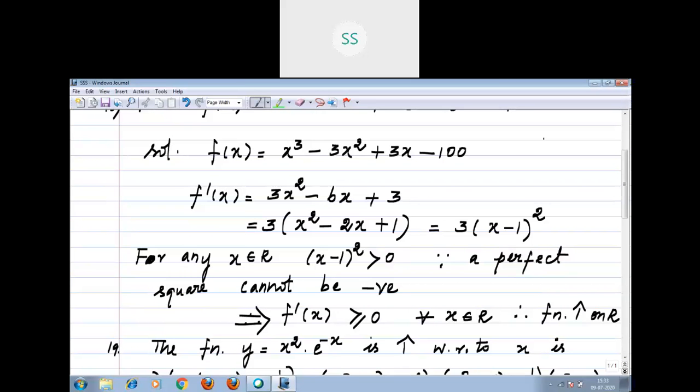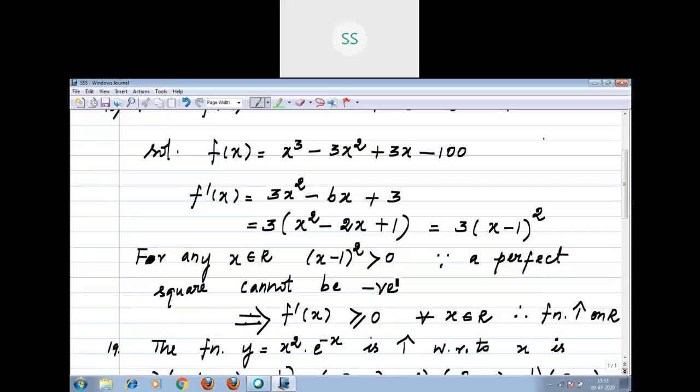Definitely that is greater than or equal to 0. It is a perfect square number, it can't be negative. When you assign x is equal to 1, the derivative is equal to 0. Except 1, whatever value from minus infinity to infinity you assign, your derivative is greater than 0. Therefore the function is increasing.